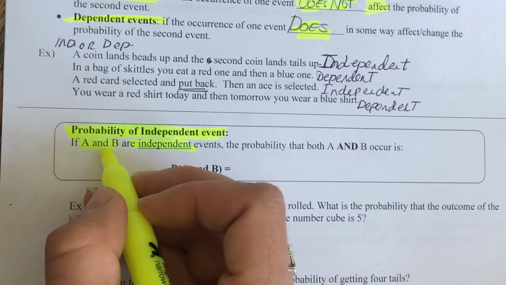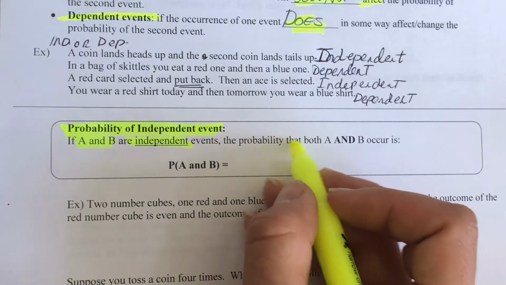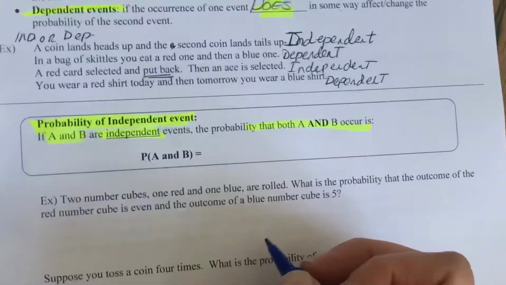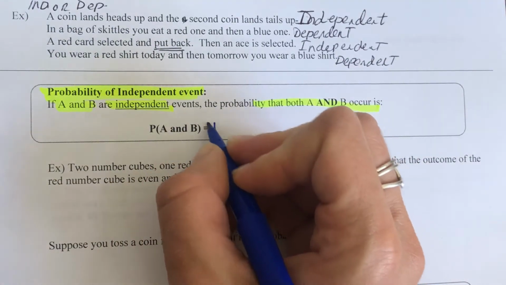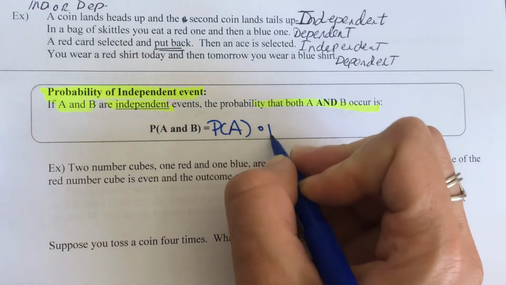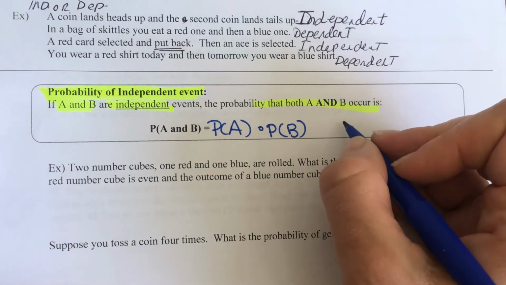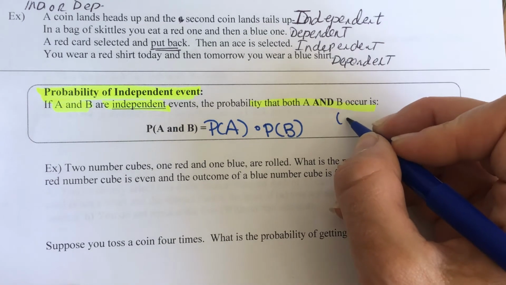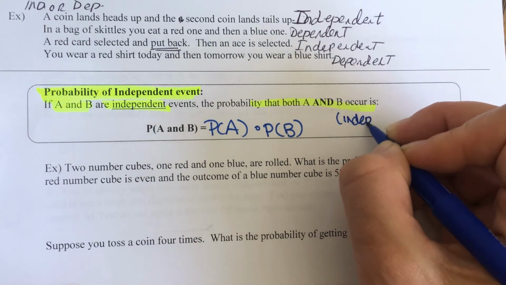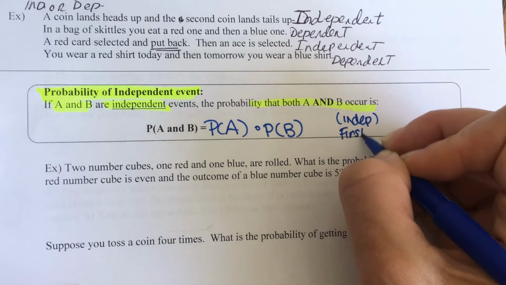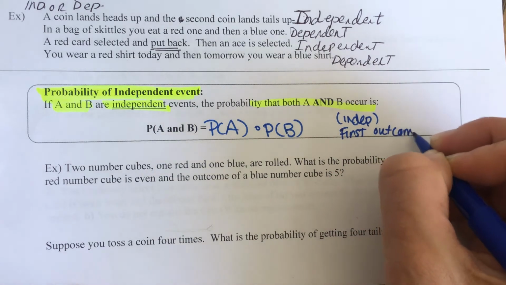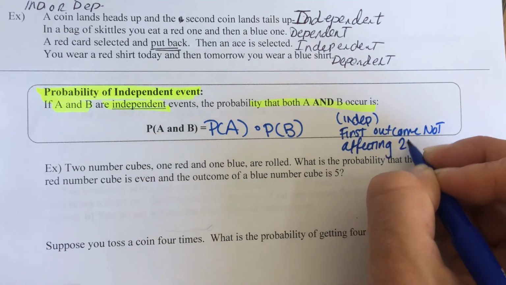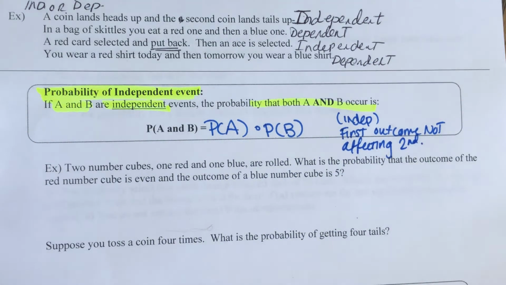Whatever I did in A does not affect B. Then the probability that they both occur, hence the multiplication rule, is to find the probability of A and B, we take the probability of A and multiply it by the probability of B. This is your independent case: the first outcome does not affect the second.